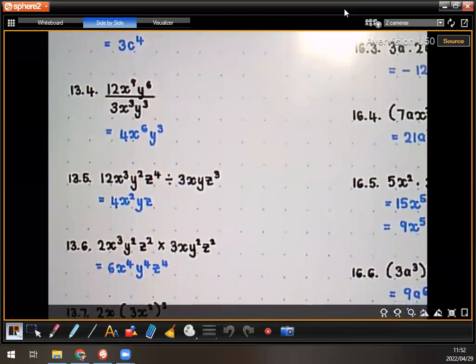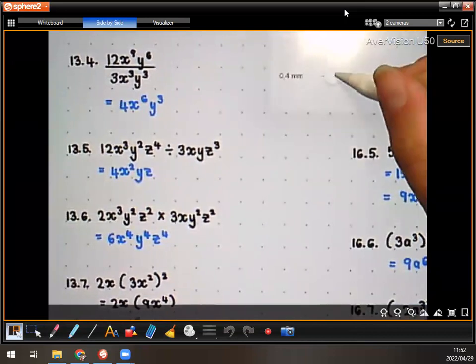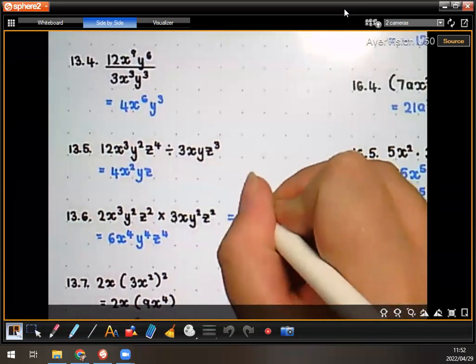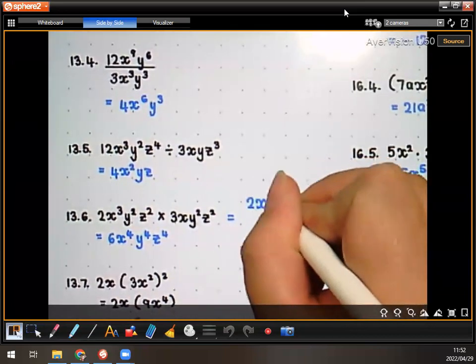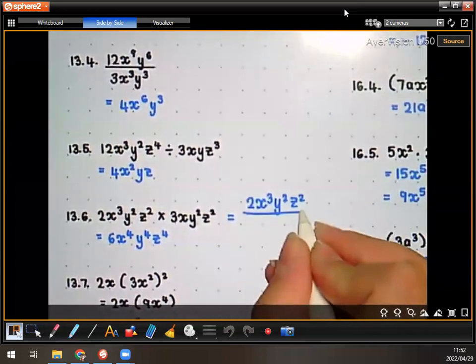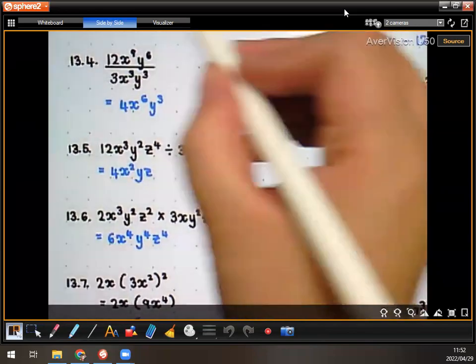Now 13.5, guys, it's fine if you have an in-between step where you wrote it as a fraction. That's probably easier to look at in fraction form. Maybe I should just add that quickly on the side. So this is 2x cubed y squared z squared over. No, sorry.